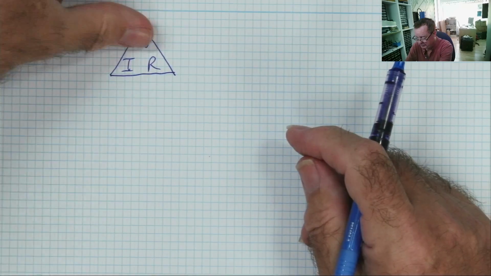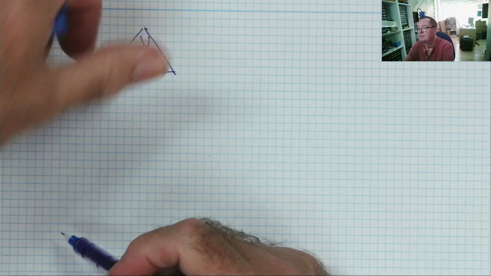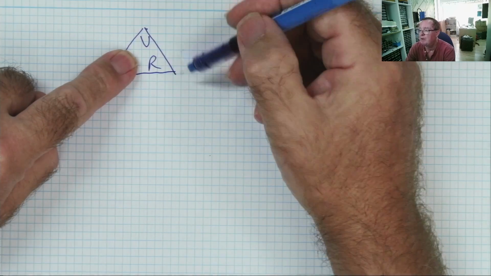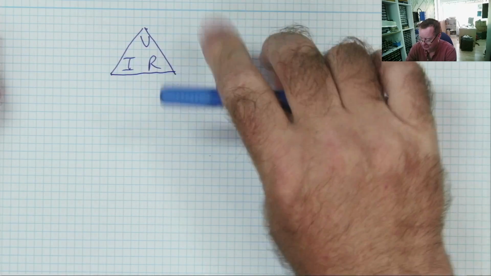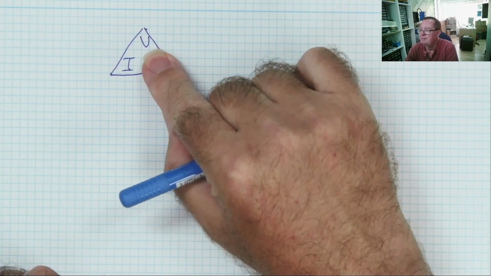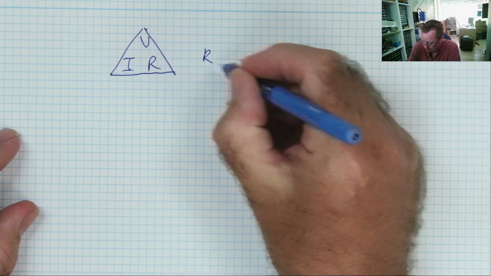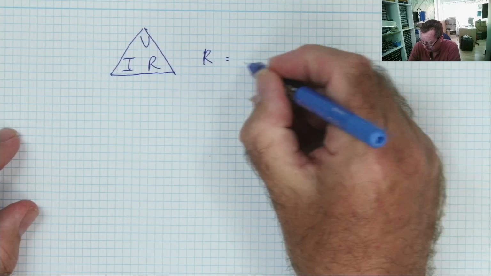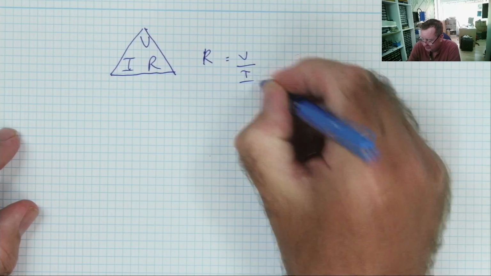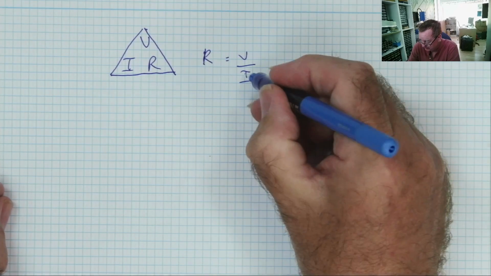So voltage equals current times resistance. Current equals voltage divided by resistance. Resistance equals voltage divided by current. So according to this, there is only one way: resistance equals voltage divided by current to measure resistance.